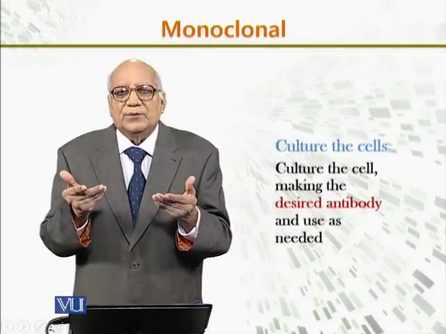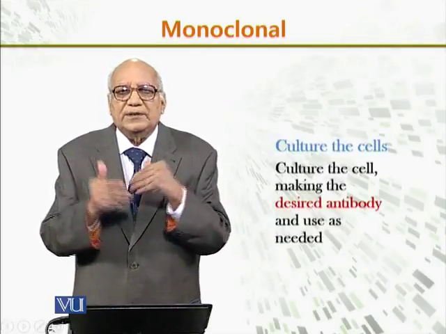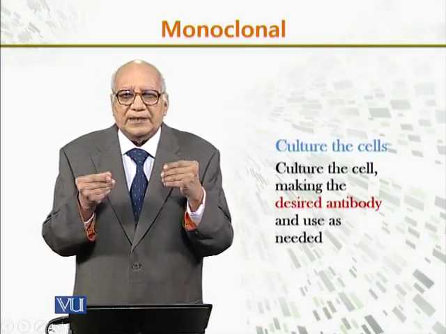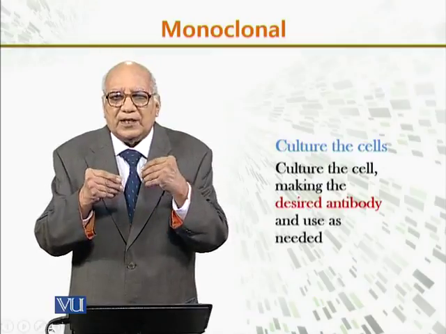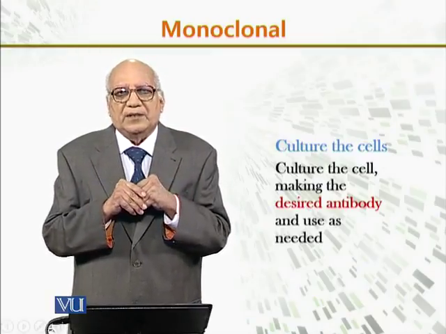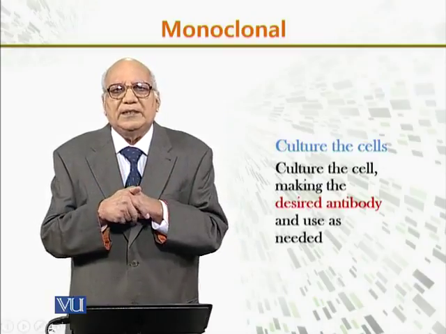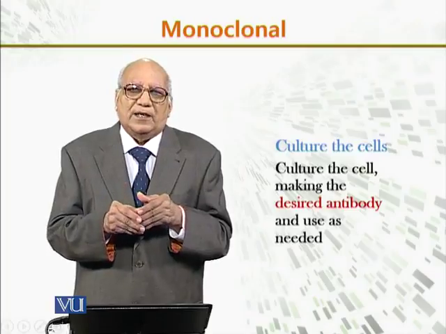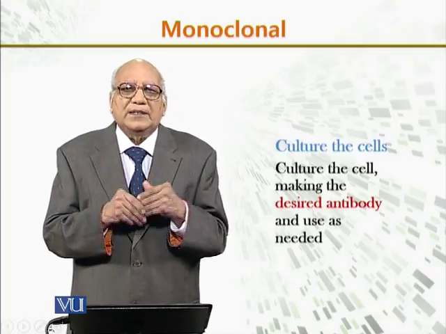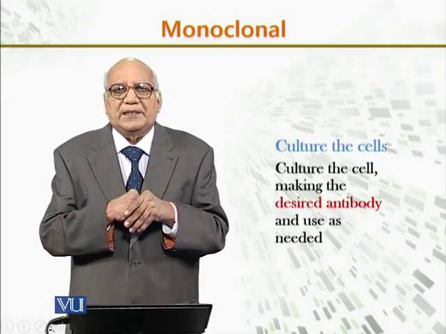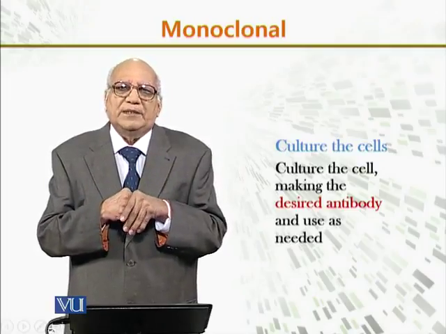Now, we culture the cells making the desired antibody and use it as needed. Mind you, this antibody which we have prepared can be kept for a long time under certain conditions and can be used appropriately whenever the time arises.